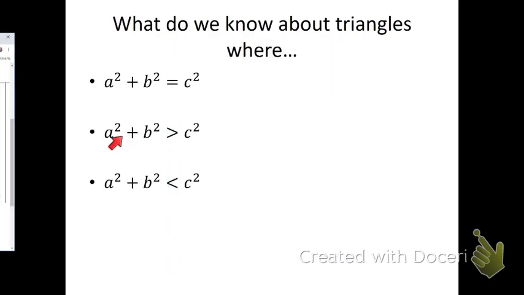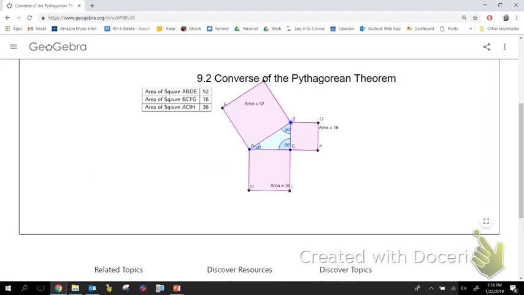Now, our first case is to examine what it looks like when a squared plus b squared is greater than c squared. So if I come back over here, what if these two areas are greater than this one? What can I conclude? Notice as I take this vertex and drag it this way, it expands the size of this square, and the square off the hypotenuse gets smaller, doesn't it?